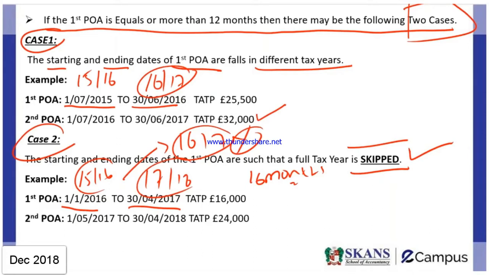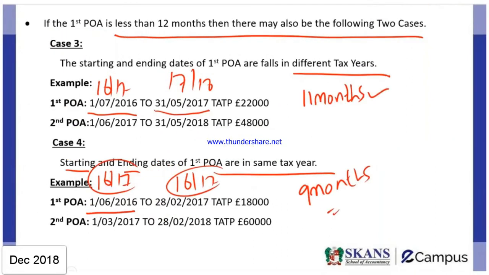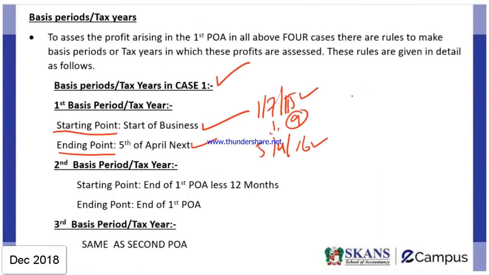So how do you apportion the profit to 9 months? 25,500 divided by 12 multiplied by 9 comes to 19,125. The allocated profit is 19,125, and this is assessed in tax year 15-16.